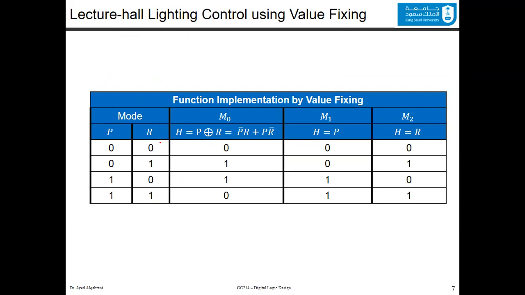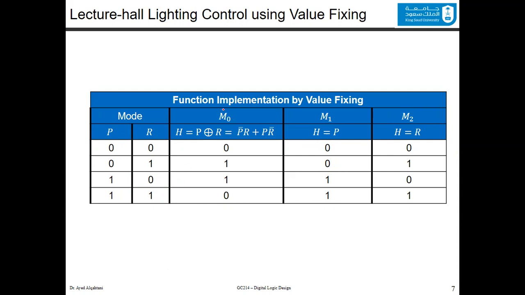The truth table could be described as follows. As it follows here, the function implemented by value fixing, we have P and R switches, and we try to fill the truth table by 0, 1, 0, 1, 0, 0, 1, 1, this way.